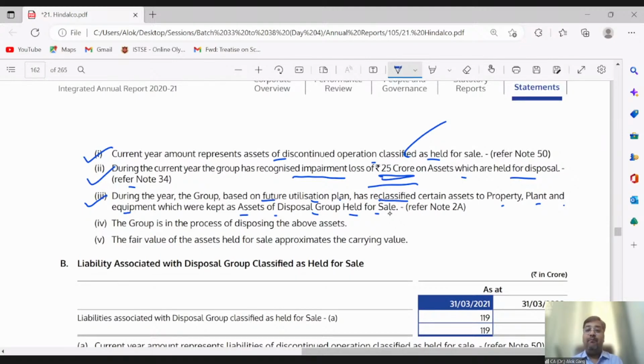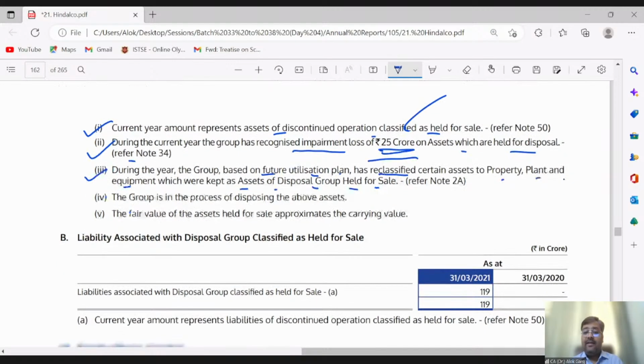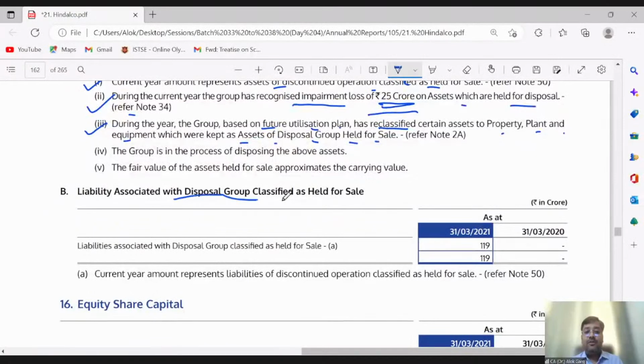It means there is a change of plan. Sir, in case of change of plan, what is the accounting treatment? Is it clear? And then there is a liability associated with disposal group classified as held for sale, which is 119 crore. So let's go to the presentation now.